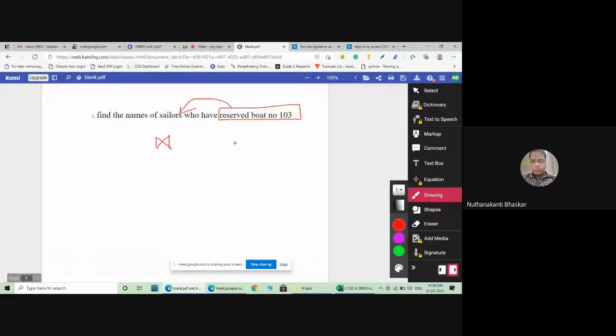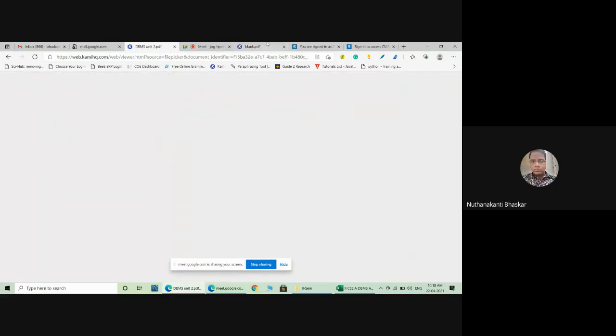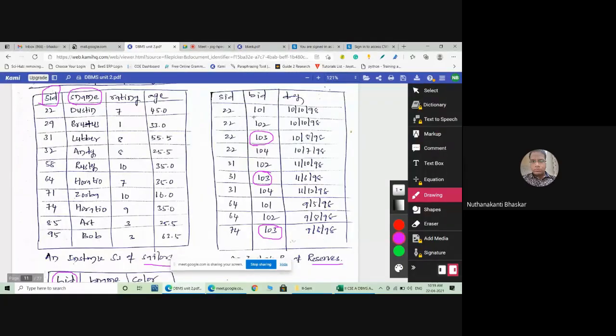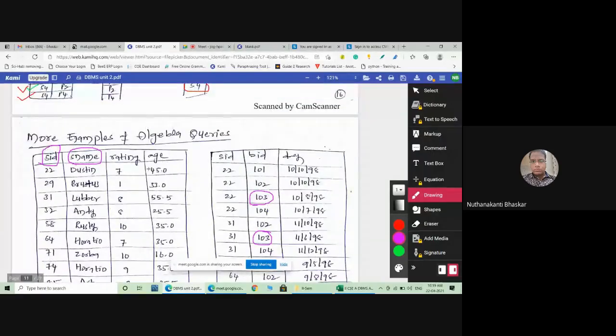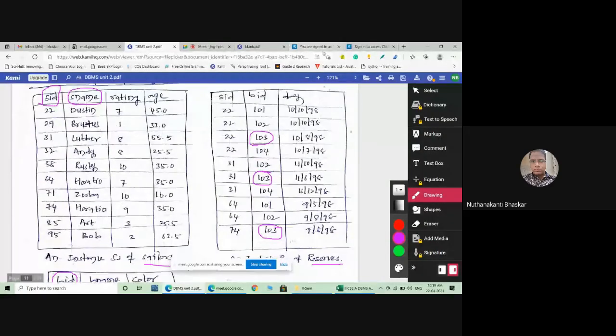Now here what we have to do? Find the names of sailors who have reserved boat number 103. Here we have to join the reservation data, but those boats must be 103. Means we have to select only the particular 103 that is reserved, join it with the sailors, and find the sailor name.